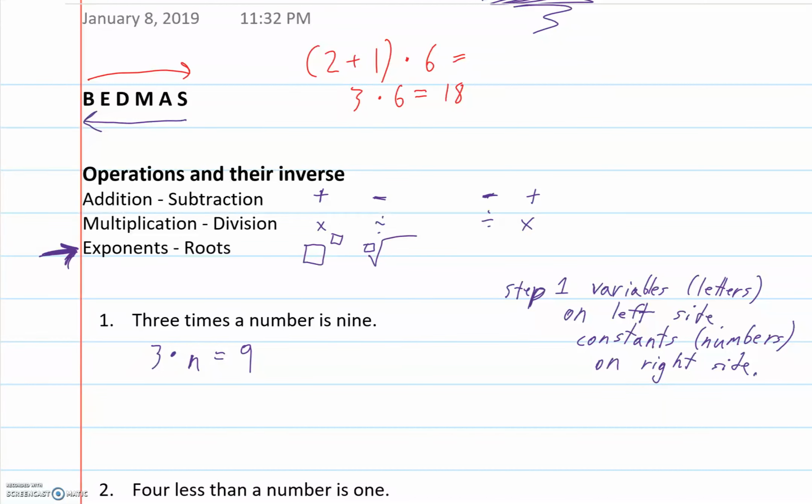So that's what we want to do. Step 1 is just asking ourselves, what do we want? And this is what we want. So let's try to do that. How are we going to do that?